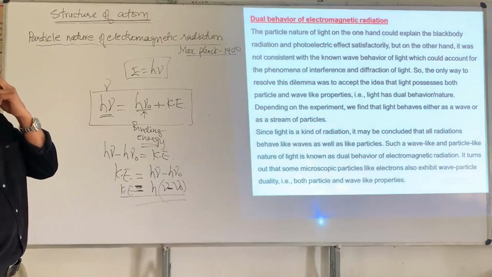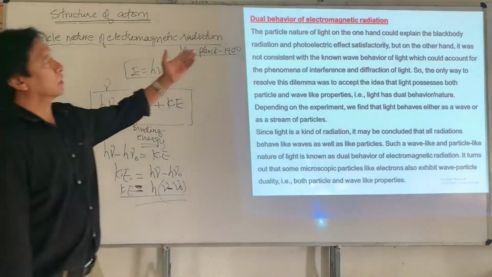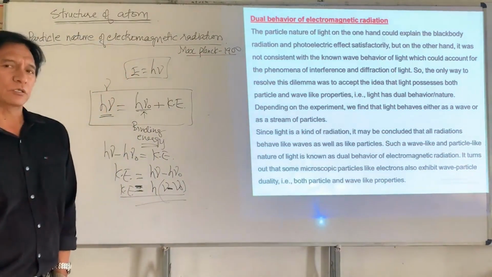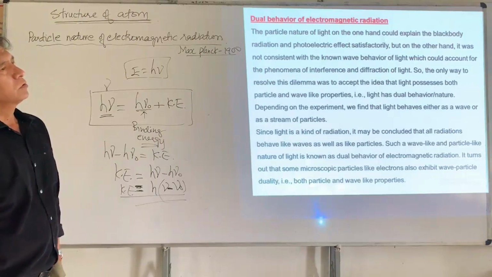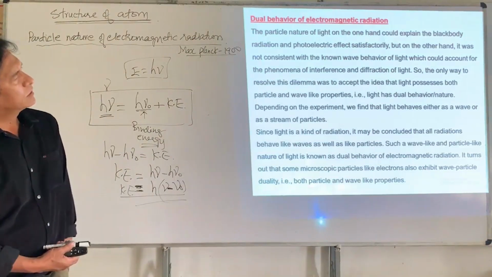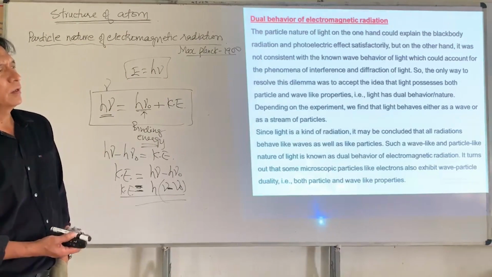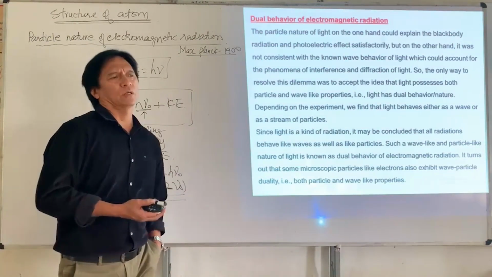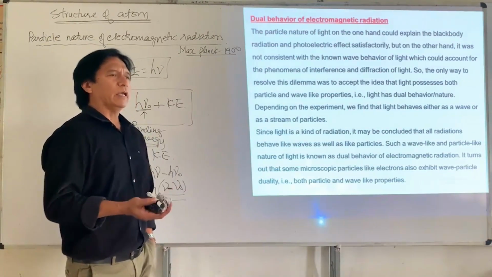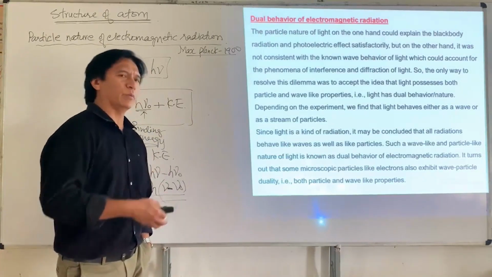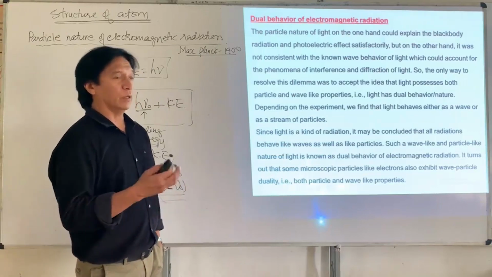So now ultimately we come to what is known as the dual behavior or dual nature of electromagnetic radiations. Here we will see that these electromagnetic radiations have both properties, wave-like as well as particle-like. So radiations at times behave like waves, at times they behave like particles.